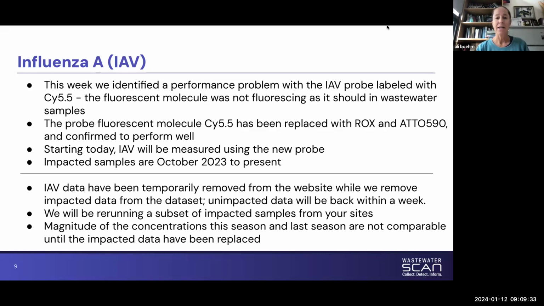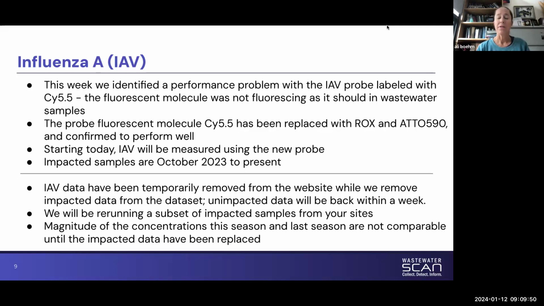So starting today, all the influenza A measurements will be made using a new probe with a new set of fluorescent molecules. The samples impacted by this fluorescent molecule are from October 2023 to present.